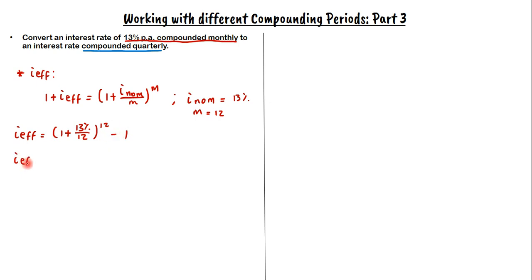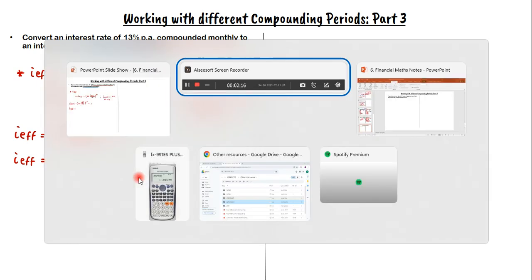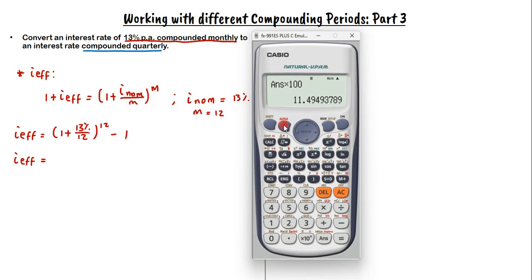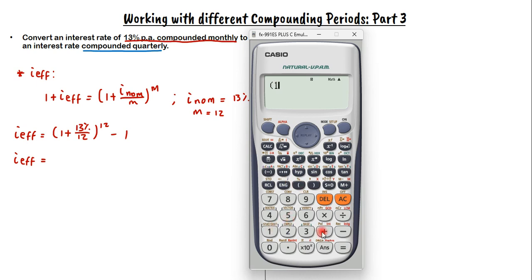So I effective is going to be equal to, pressing this into a calculator, 1 plus 13% over 12, to the power of 12, minus 1. So I have that.